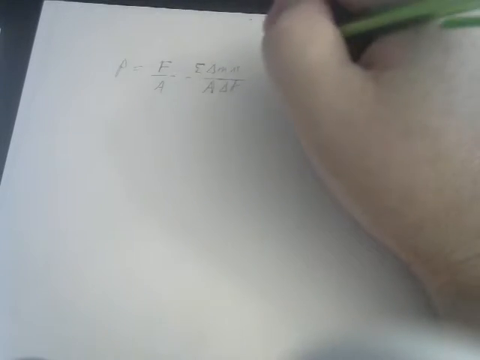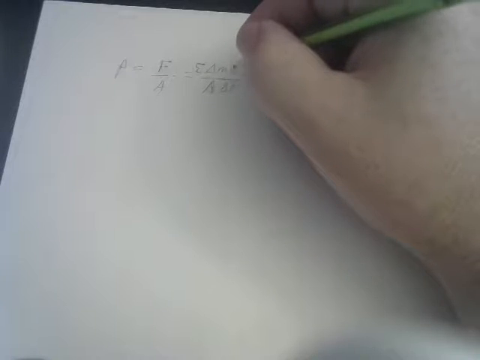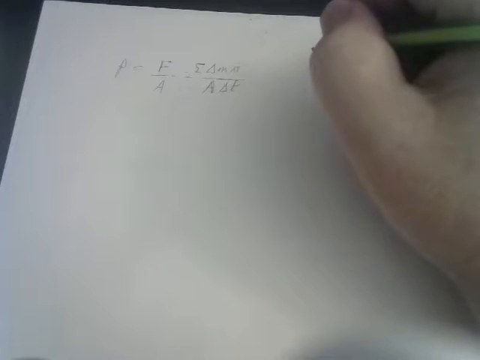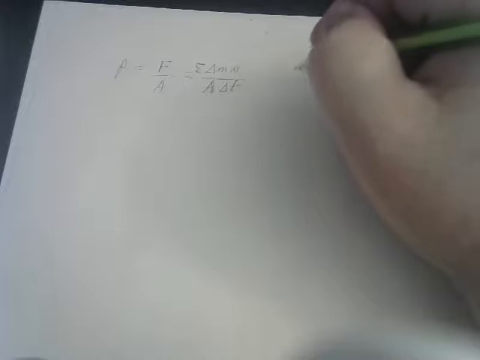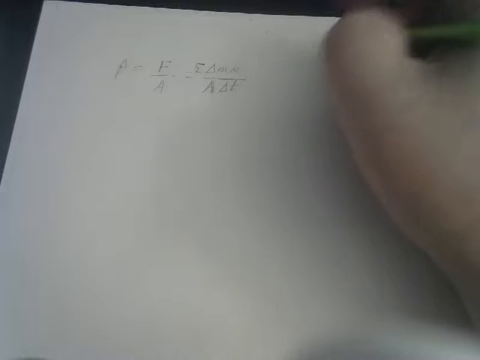So it's the sum of all of those delta mv's, and I think mass times velocity over time gives you mass times acceleration, or force. So that would be delta mv over delta t, and the area down there. So this would be the pressure of things, and what I think I want to think about is a top and bottom wall of the chamber.